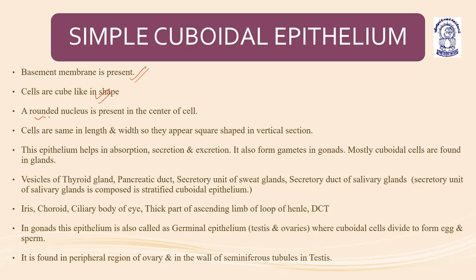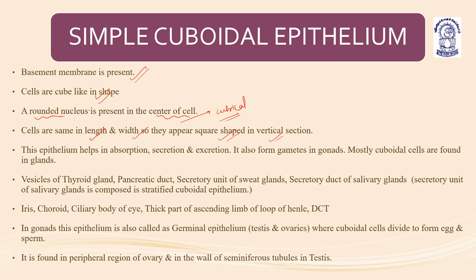A rounded nucleus is present in the center of the cell. Cells are the same in length and width. They are cubical. So they appear square shaped in vertical section. But when we look at other projections, they look like a cube.